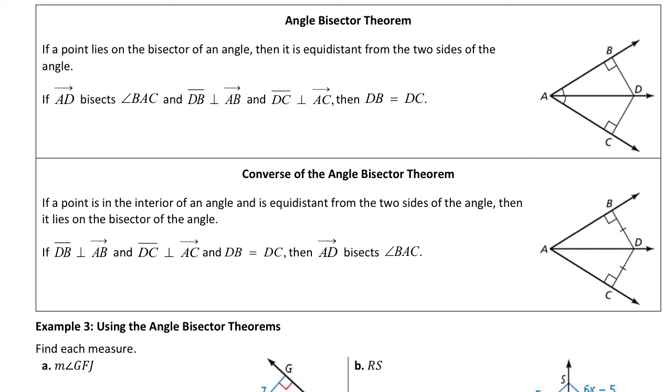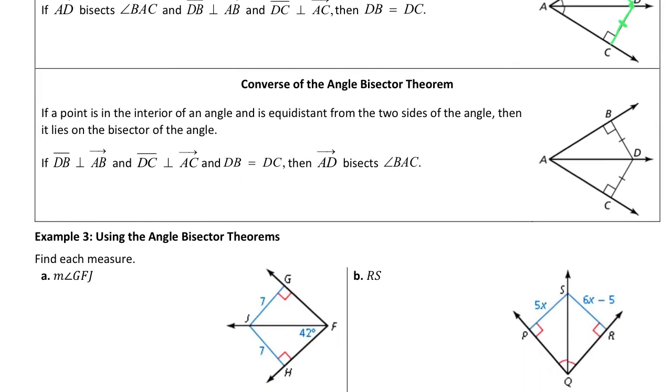So AD, this ray, is bisecting this angle BAC, and DB is perpendicular to AB. These two are perpendicular. DC is perpendicular to AC. If all of that is the case, then that means DB and DC are congruent to each other.